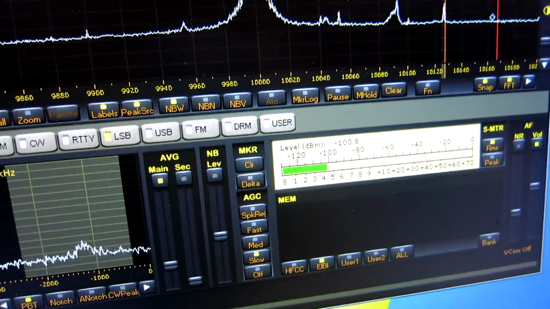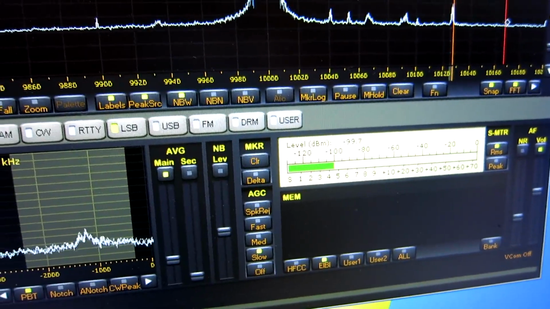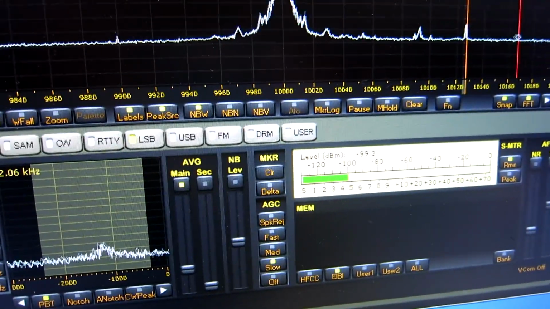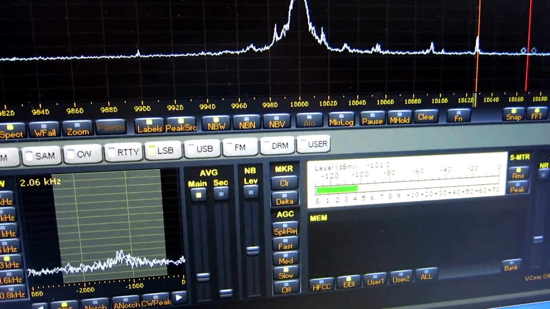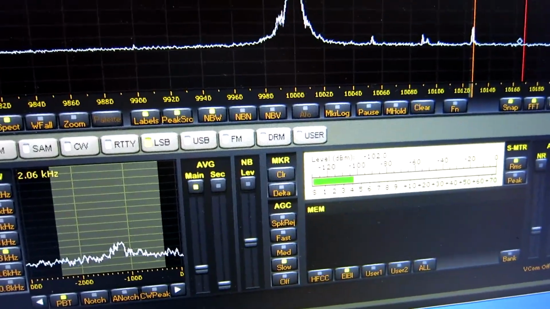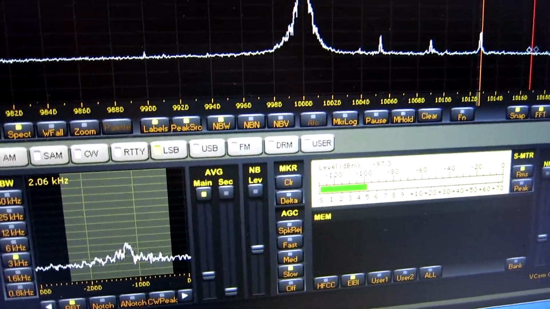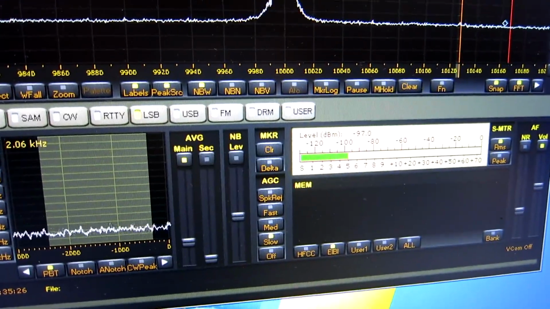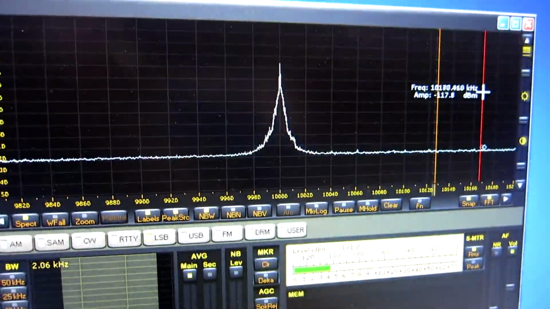Now it's plus 14, plus 15, plus 14, plus 13, plus 12, plus 11, 10, 9, 8, 7, and now they are gone.